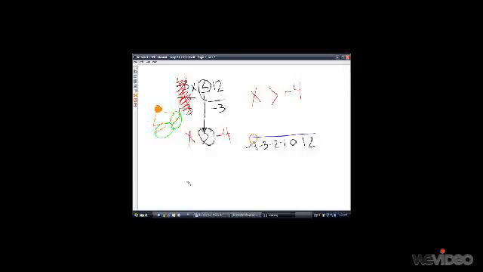It'll go to the right. To help you remember this, I have found that in the word greater than, there are two R's.